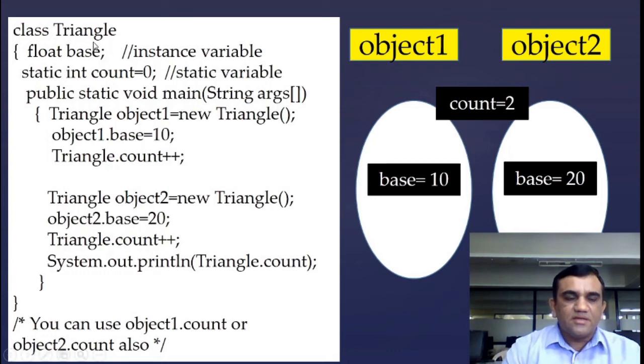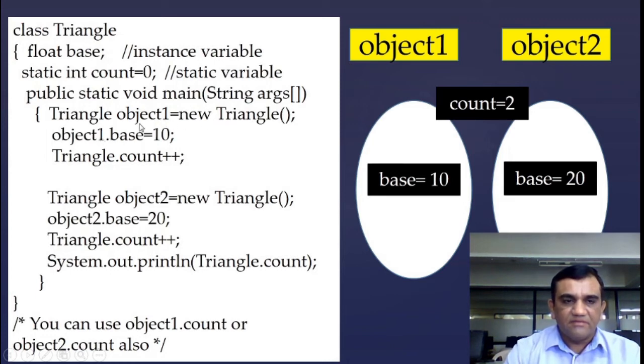You can see over here the class Triangle. The class Triangle has the float base as one of the instance variables. We have a static integer count, one of the static variables. This is also known as a class variable. Then we have a main function, and we created obj1 as new Triangle.